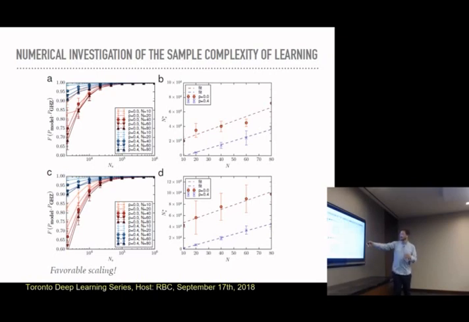Here I'm giving you 2 things. One is the fidelity as a function of the number of samples, and then here is the number of samples that you need to reach a 0.99 fidelity. And as a function of the number of qubits, you only need a linear number of measurements, which is great.